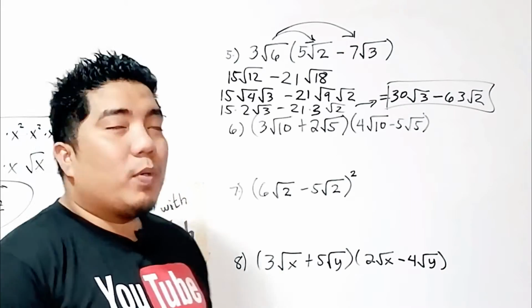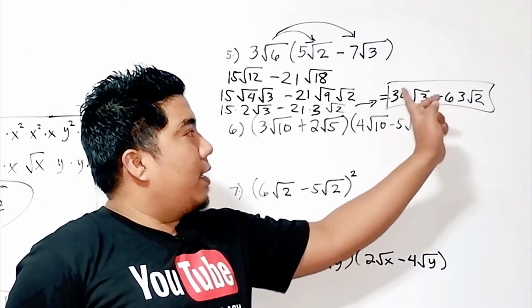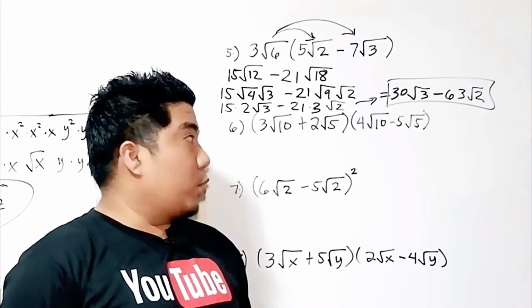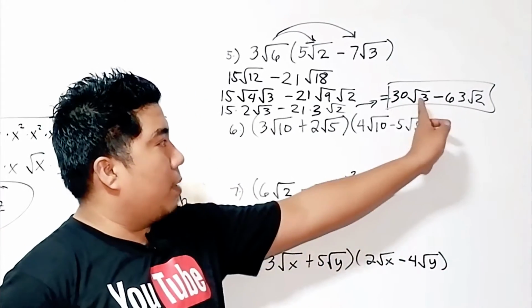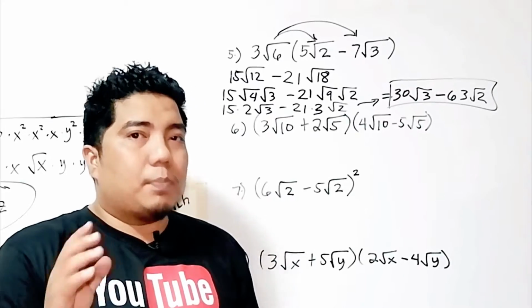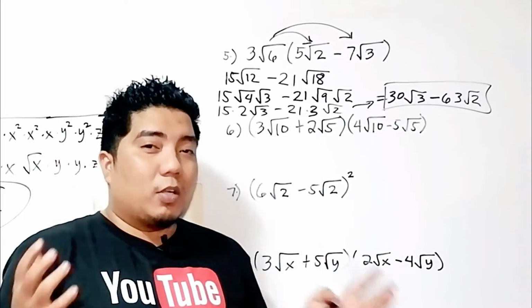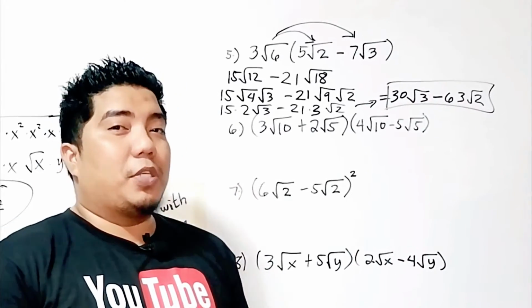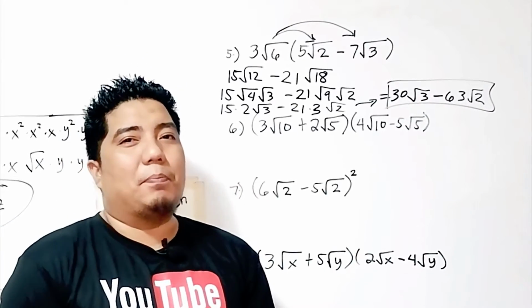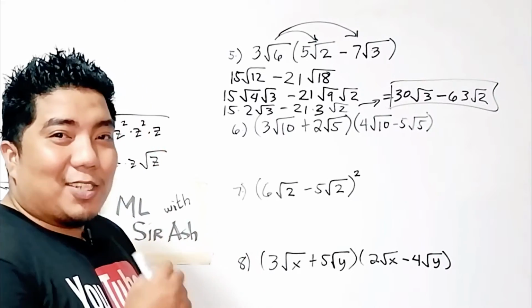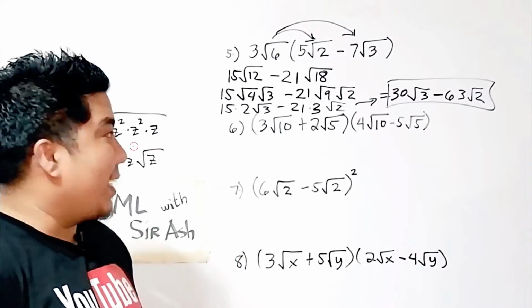Easy, right? Now, you may be asking me, can I subtract the two terms? No. Why? Because remember our rule in addition and subtraction of radicals that two different radicals are considered unlike terms. And if they are unlike terms, you cannot combine them. Easy, right? So now let us go to our sixth example.